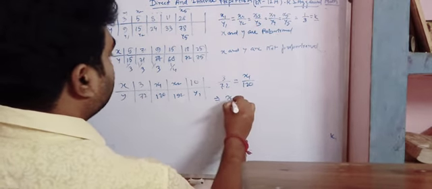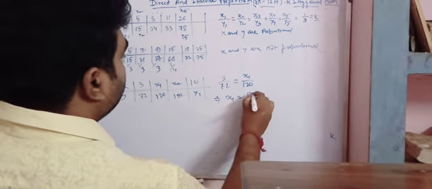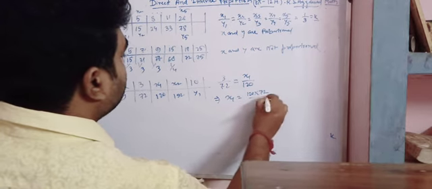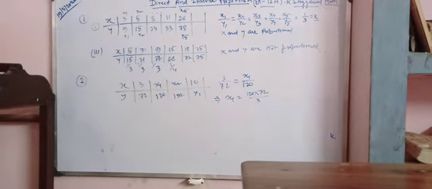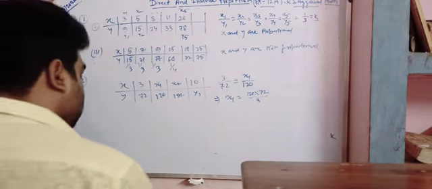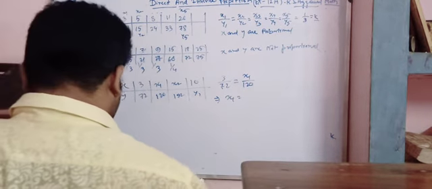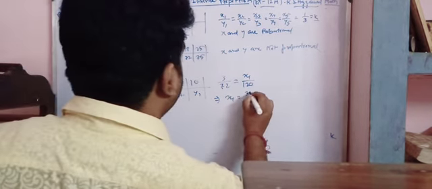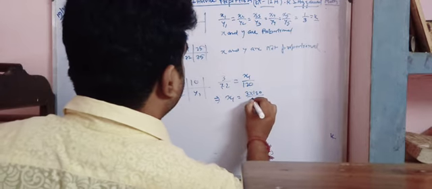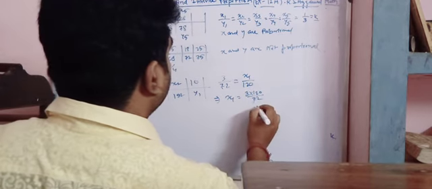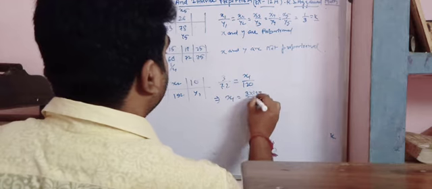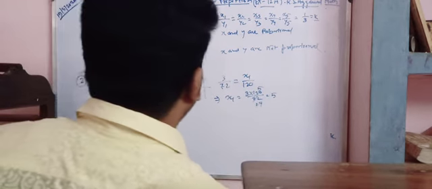So x1 is equal to 3 into 120 by 72. That is 5. So the value of x1 is equal to 5.